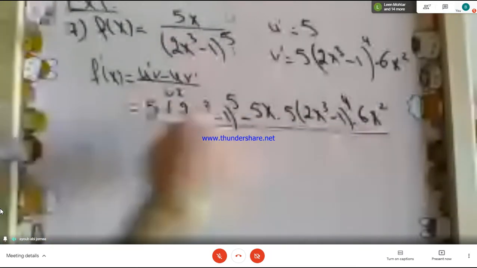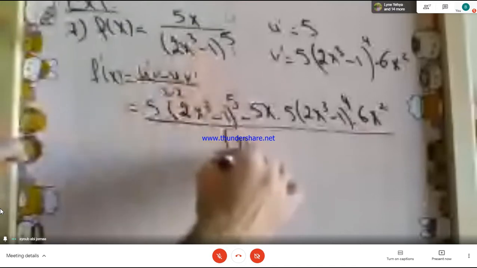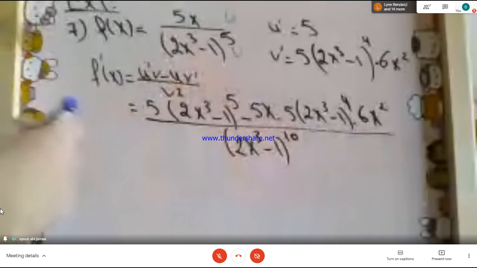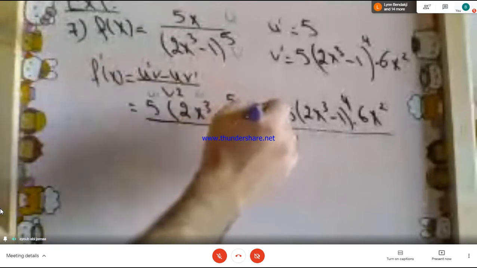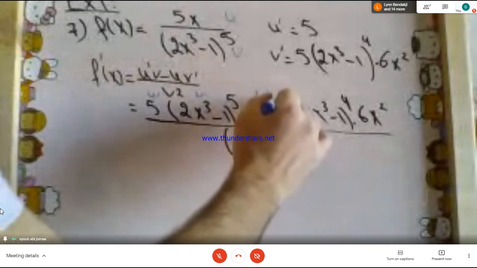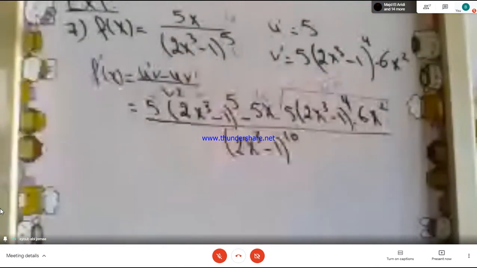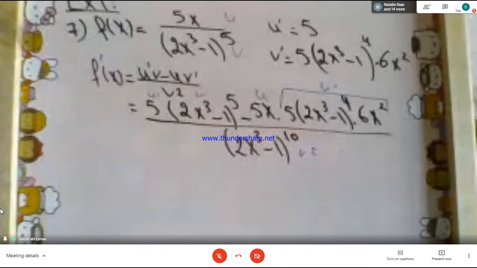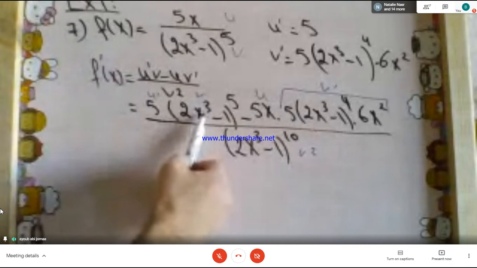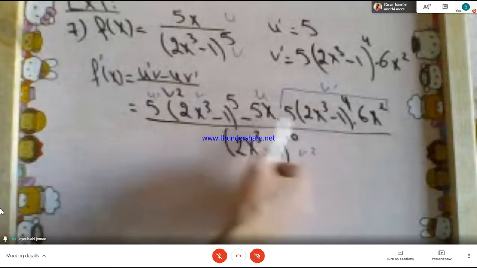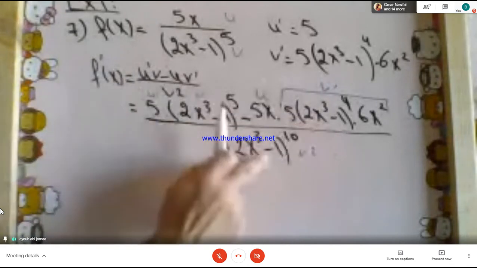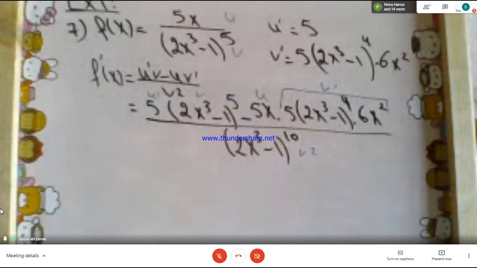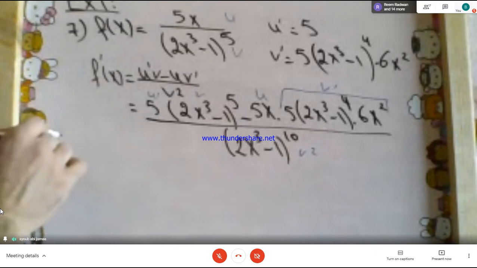All of it over v squared, which is 2x cubed minus 1 to the power 10. Of course, here we can simplify, but I'm not going to simplify. We can take 2x cubed minus 1 to the power 4 between this and this, and then simplify it with 2x cubed minus 1 to the power 10. But we are not going to simplify. Okay, Karen?